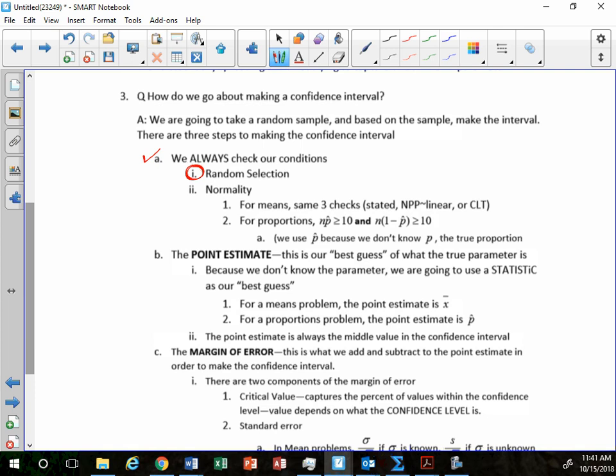What does this mean? What's the NPP? Yes, normal probability plot is approximately linear. That is still in play as a way to check for normality. So if I give you a sample set of data values, and you have to put them in your calculator and go through the 1-Var Stats and find x bar and find s, you could check the normal probability plot, right?